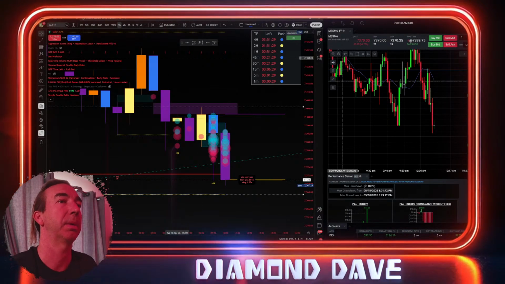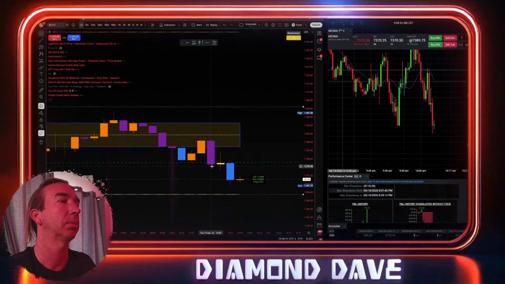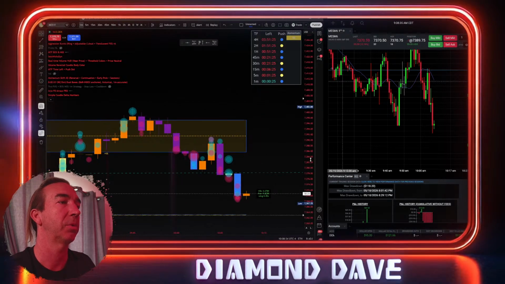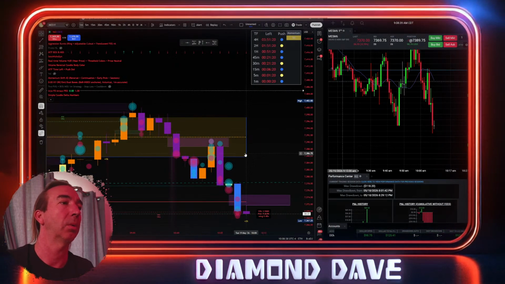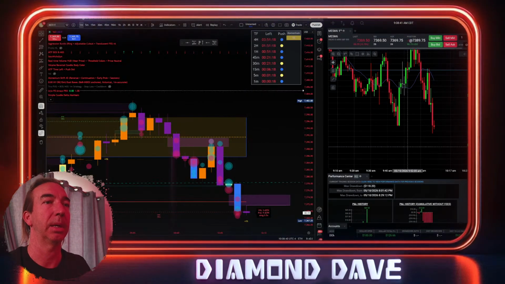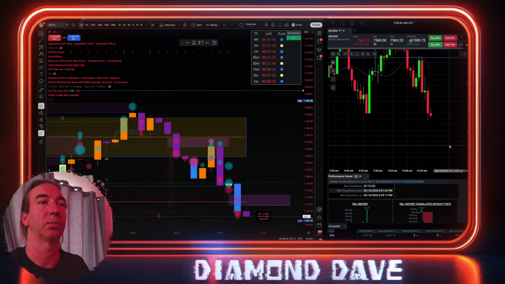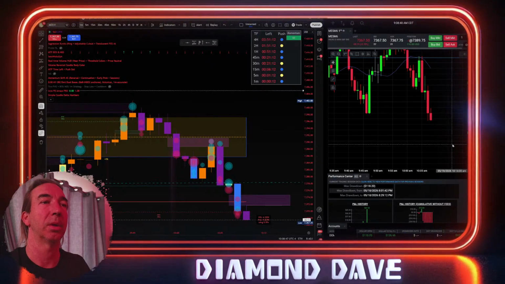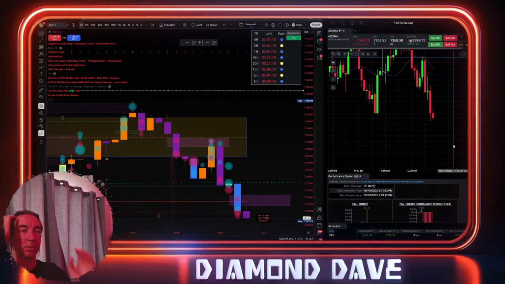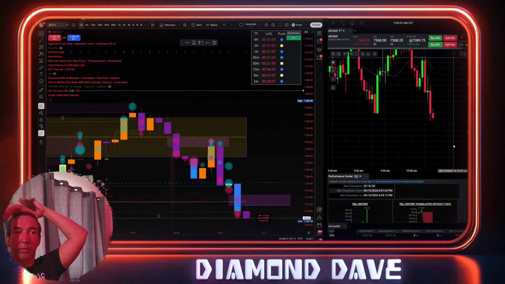Let me see, there might be another re-entry. No fair value gaps. Okay, way back down there, but I think that'll be it for that fair value gap. So this will be like 25 points. 26 maybe.